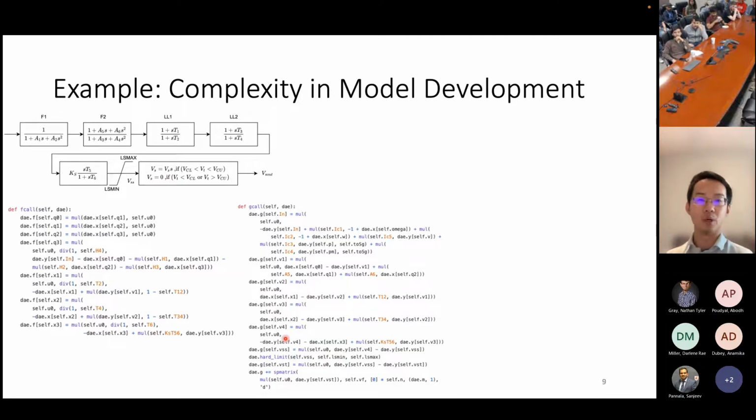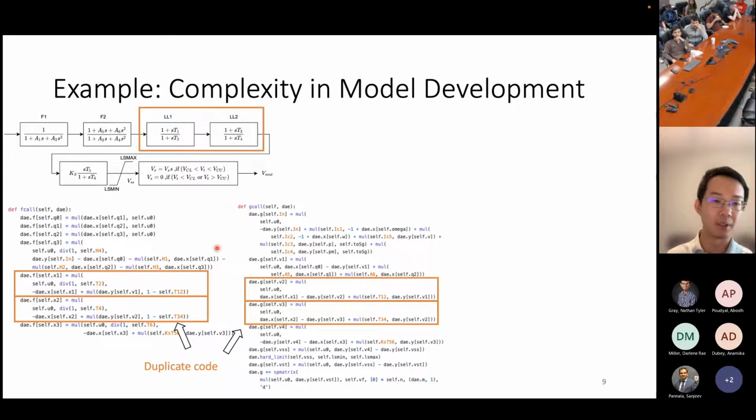This is an example of the complexity in model development. Here we show an IEEEST stabilizer model. The code here is just a snippet from my previous implementation in Python. We can see from this model block that there are two lead-lag blocks that are pretty much the same, but with different inputs and different parameters.